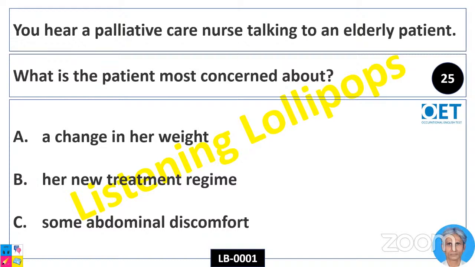For questions 25 to 30, choose the answer A, B or C, which fits best according to what you hear. You'll have time to read each question before you listen. Complete your answers as you listen. Now look at question 25. You hear a palliative care nurse talking to an elderly patient. Now read the question.